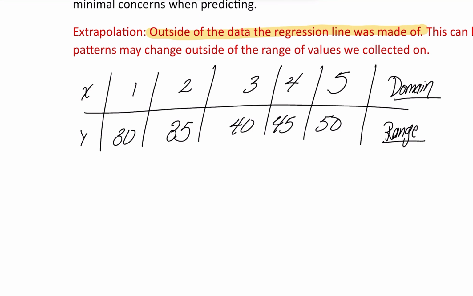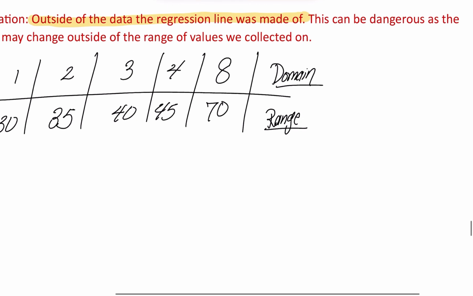Here, values for interpolation, actually this changes up a little bit. Let's do, what was my trend here? I don't know, let's just put 70 there. Okay, so our domain here is defined as 1 to 8. Okay, well, 1, 2, 3, 4, and 8.